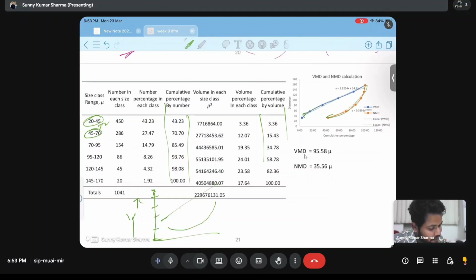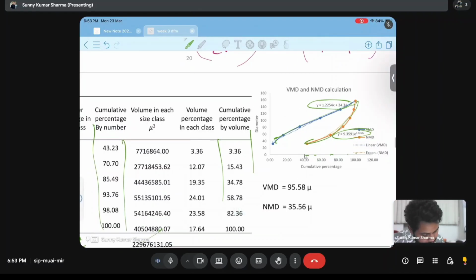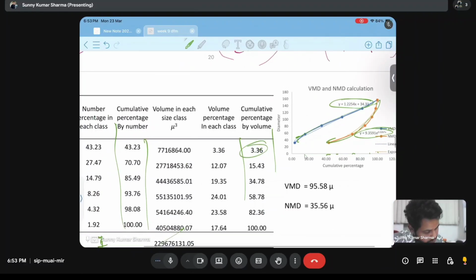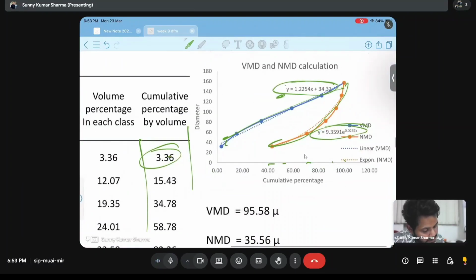You fit one equation for both the curves, and you get it in terms of x and y. So x is 50% side. Means if you take x as this value 3.36, you will get 32. So what is 50% of this volume that you put at the place of x?